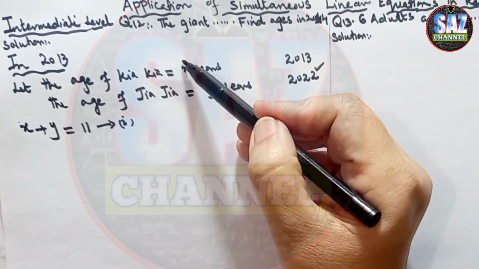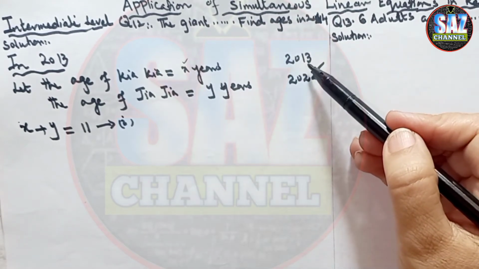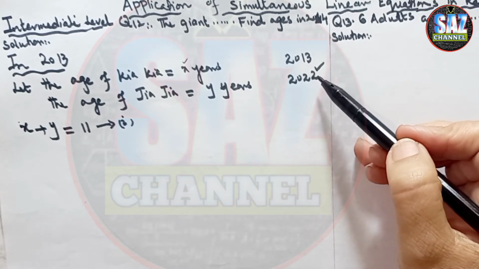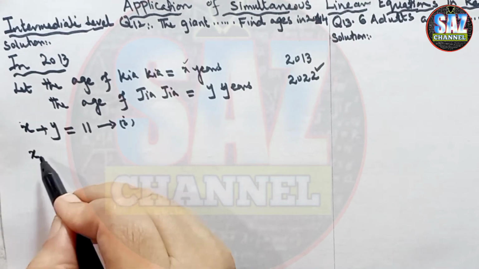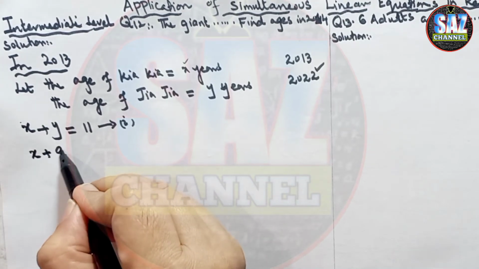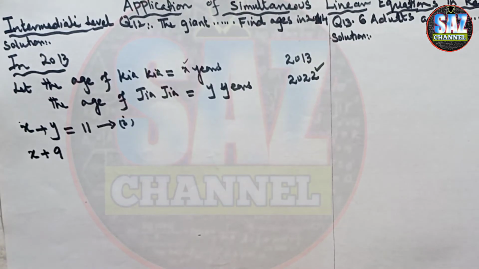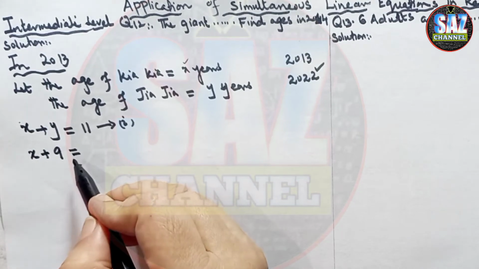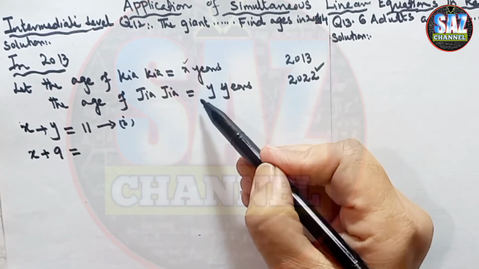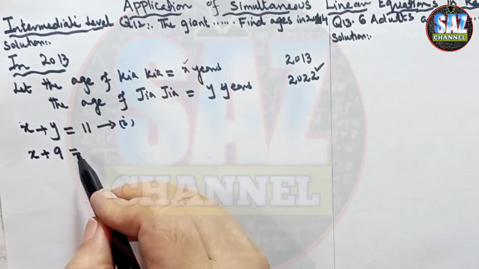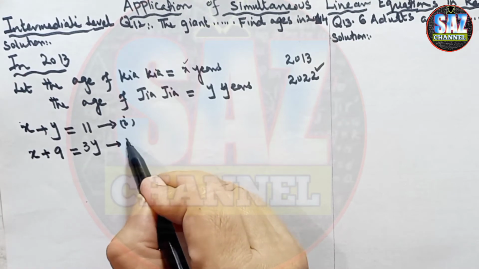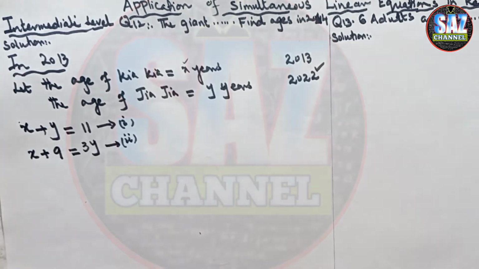If Kia is x years old in 2013, the expression for Kia's age in 2022 will be x plus 9, because there is a gap of 9 years between 2013 and 2022. The next part says he will be 3 times as old as Gia was in 2013. Gia was y years old in 2013, so this will be turned into the form 3y. I hope you are clear about how we are translating this information into mathematical equations.